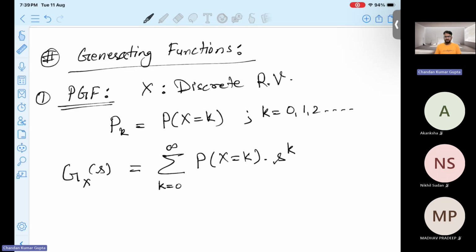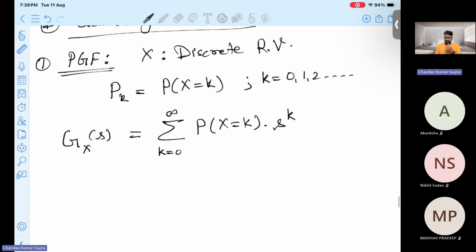You may be able to recognize this structure: it is nothing but the expected value of s to the power x, since we take the summation of s to the power k times the probability that x is equal to k. So the probability generating function is defined as the expected value of s to the power x.